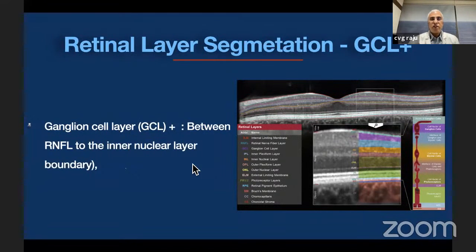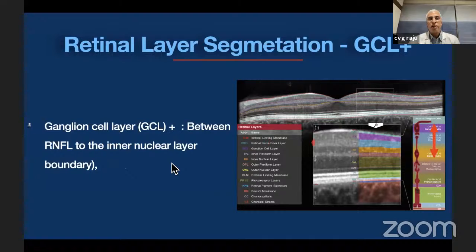All these recent GCC analyses will have the ganglion cell layer GCL plus, that is the thickness between the RNFL to the inner nuclear layer boundary. Because you see these abbreviations in the imaging, one should be thorough about this. GCL plus means between the RNFL to the inner nuclear layer boundary.